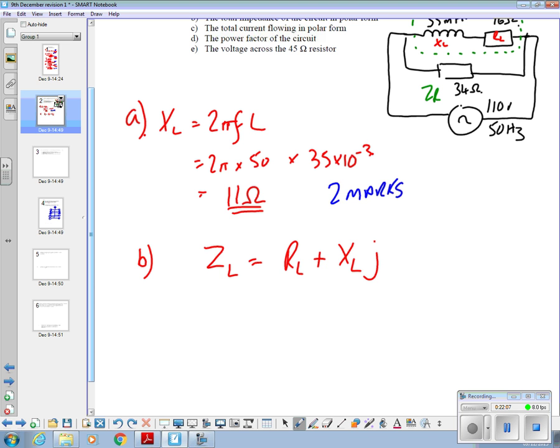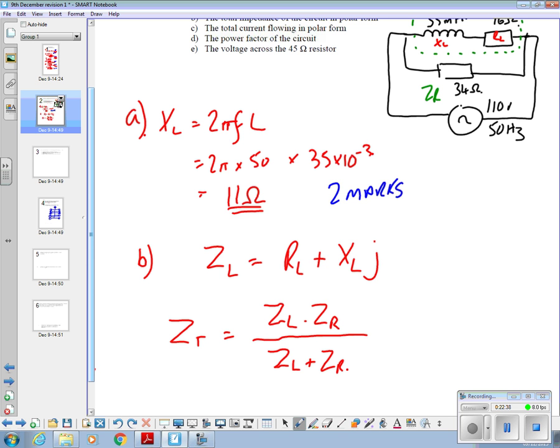But an expression for the total impedance is, remember someone mentioned, product over sum: ZL ZR over ZL plus ZR. All got it now?